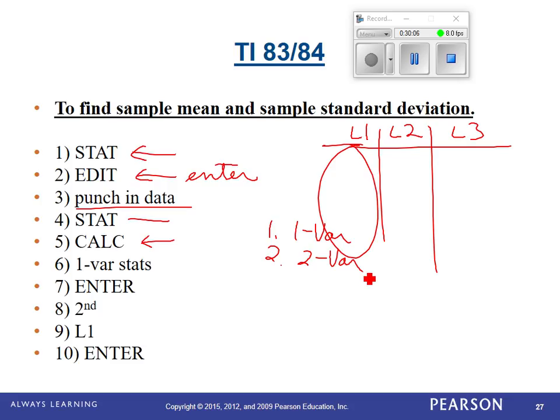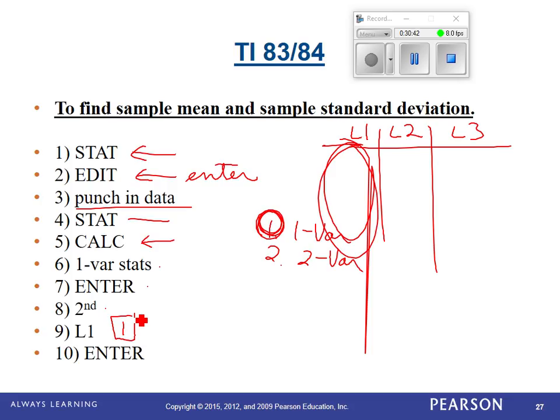Once you go over to calculate and number one is highlighted, darkened in, all you're going to do is hit enter. Now you're going to hit second. If you put all your numbers in list one, you go down to the number one on your calculator.